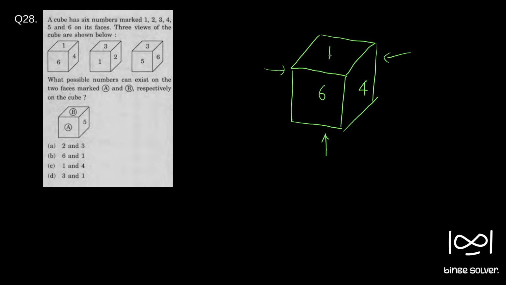Then the whole cube will be filled. It is given 3 and 2 are the numbers adjacent. From the next figure you can see the adjacent numbers to 1 are 3 and 2 also. So we already have 6 and 4 as adjacent sides of 1, and there are 2 more sides left adjacent to 1, and we know that it is either 3 or 2. So this side can be 3 or 2, or this side can be 3 or 2.